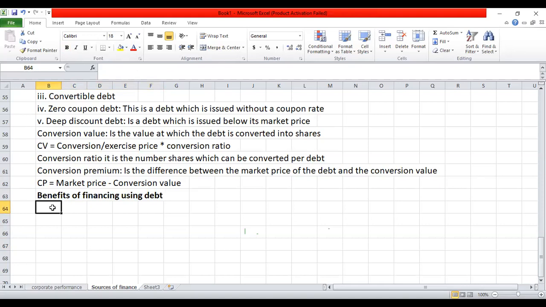Number one, debt holders don't interfere with the management.